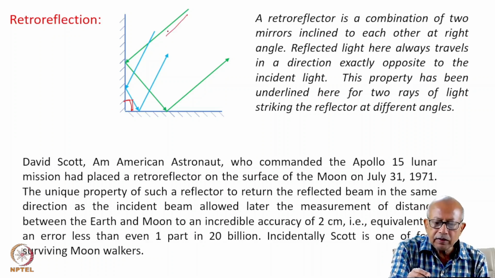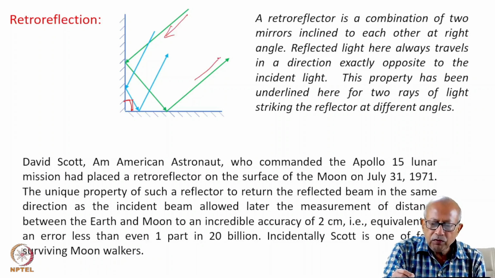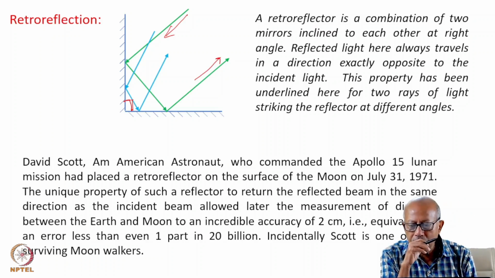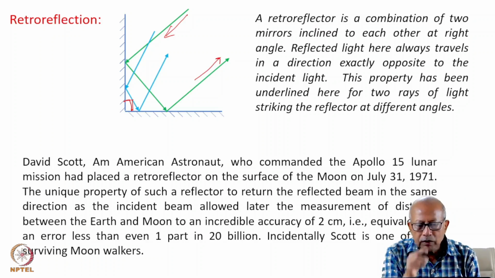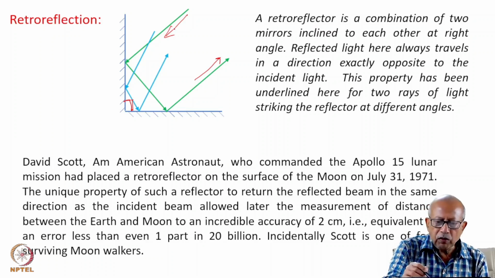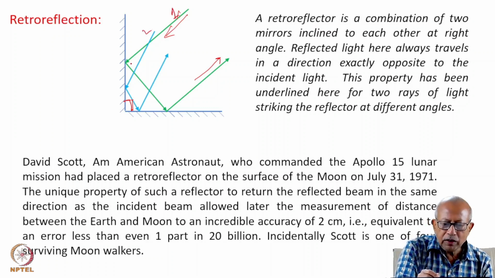Here the incident light comes in this direction and the reflected light goes back exactly opposite. This property has been underlined here for two rays of light. One is this, the other is this, striking the mirror at different angles of incidence. They're different.